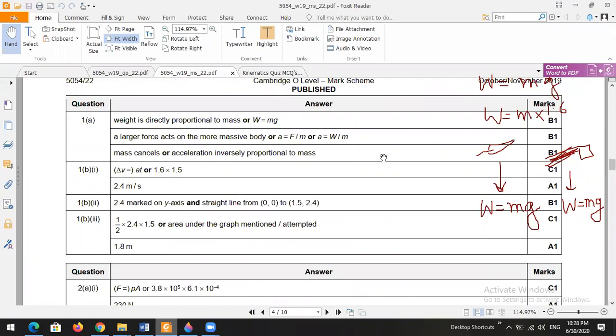Number one mark: a larger force acts on the more massive body. I have told you this already, W is equal to mg. Second mark: mass cancels, or acceleration is inversely proportional to mass.